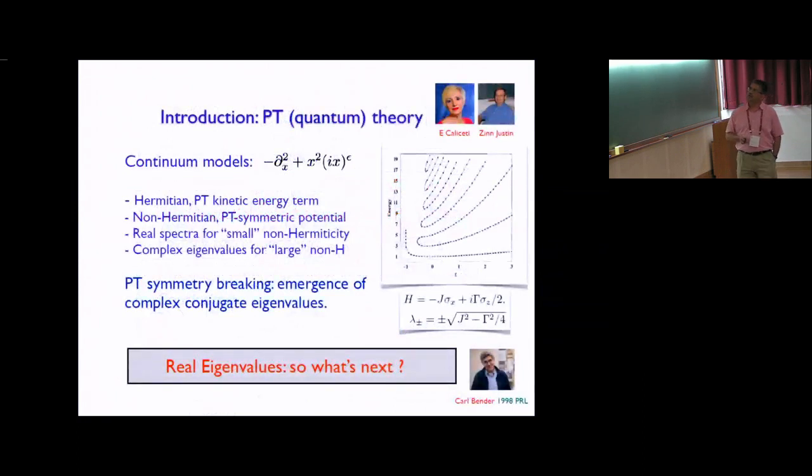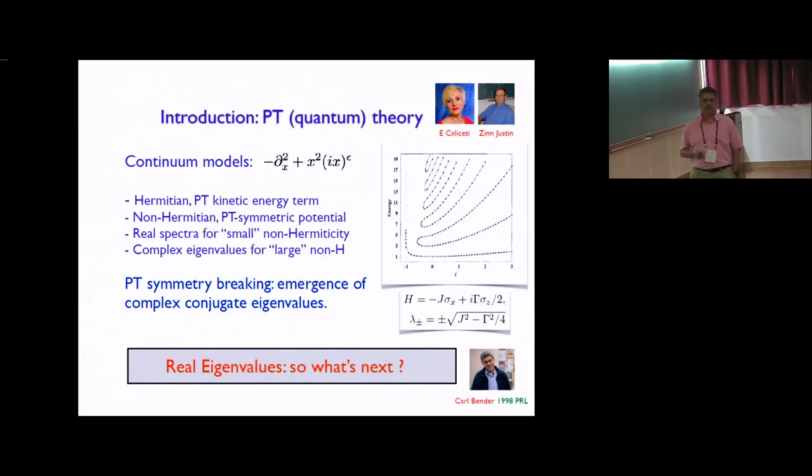The way I understand this PT business, I got into it about 2011 or so. But I still remember when I was a postdoc reading a paper by Carl Bender about real spectra for non-Hermitian Hamiltonians.